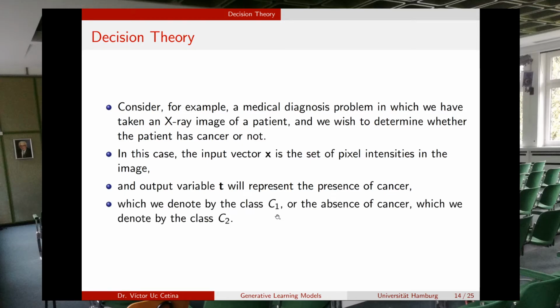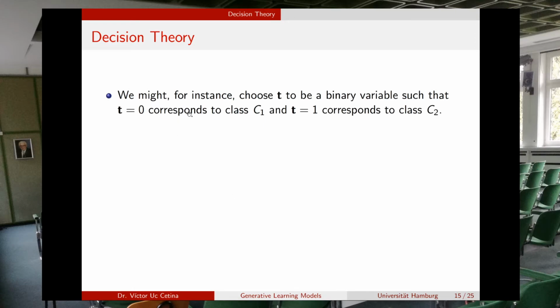So we can consider two classes, class 1, and this class 1 would represent that the patient has cancer, and class 2 will denote when the patient does not have cancer. Okay, so C1 is cancer, C2 is non-cancer. We might, for instance, choose t to be a binary variable such that t equals 0 corresponds to class 1 and t equals 1 corresponds to class 2.